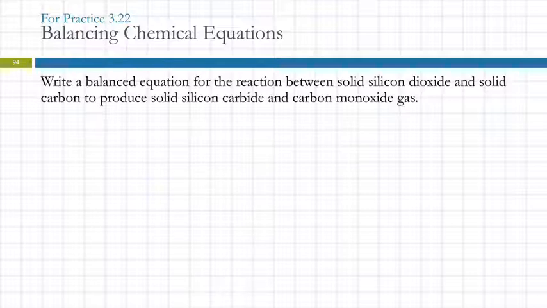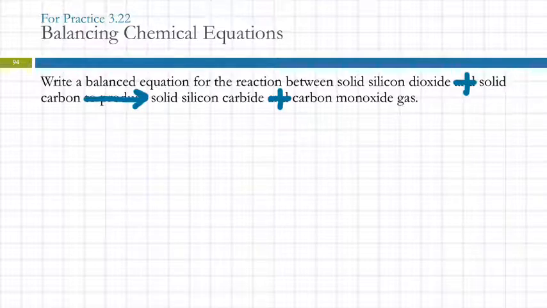So we've got words there. We're going to take this word sentence and make it into a chemical equation. When it says and, that's going to be like the plus sign. And to form or to produce, that's where the arrow goes.